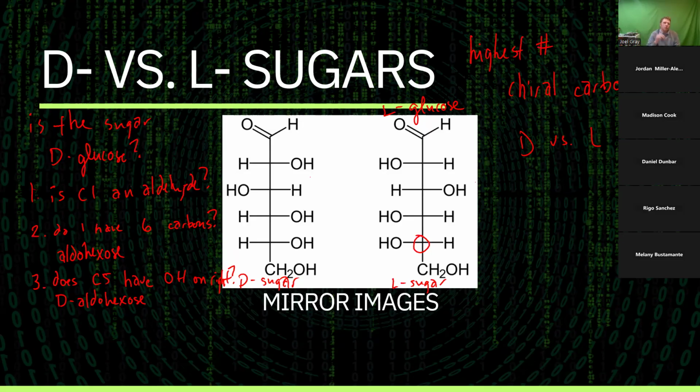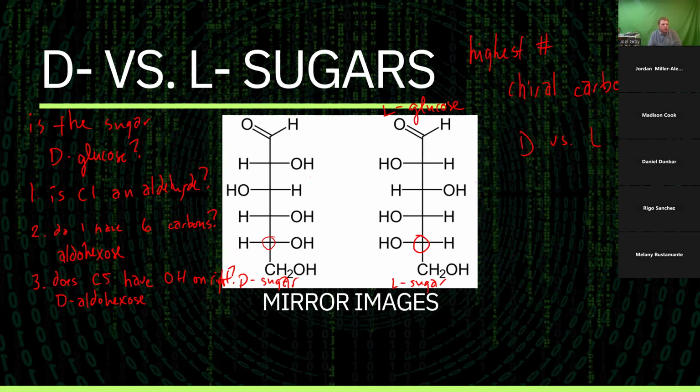I would actually take it one step farther, and I would say that we've also accounted for carbon number six. The reason is that when we looked at carbon number five, part of the implication was that that is the highest numbered chiral carbon. Can you give me a Y or an N in the chat if that makes sense, or if you want me to reword that?